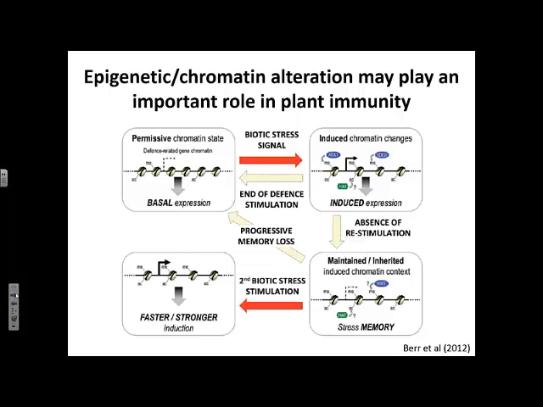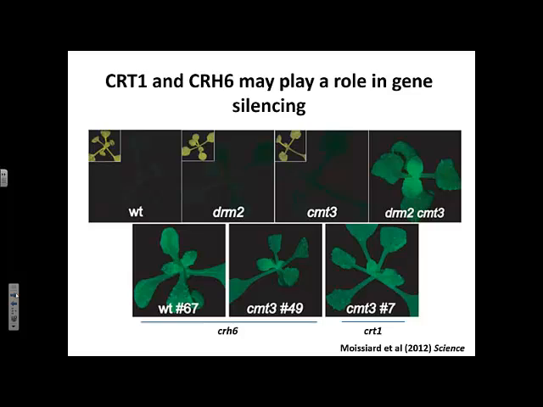But now, we think that there is another clue in plant immune responses. That's what I'm going to show you. And for the epigenetic and chromatin alterations, there are a number of components that have been shown. I think that includes AGO1 and other components shown to be important in plant responses, but we do not know how that works.